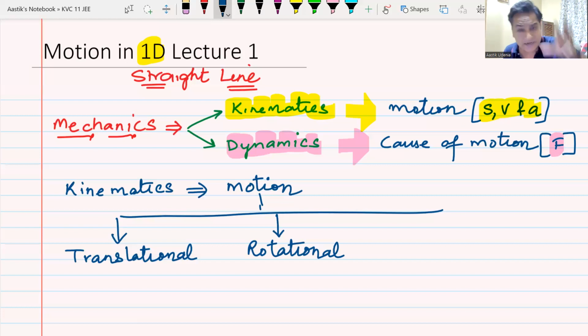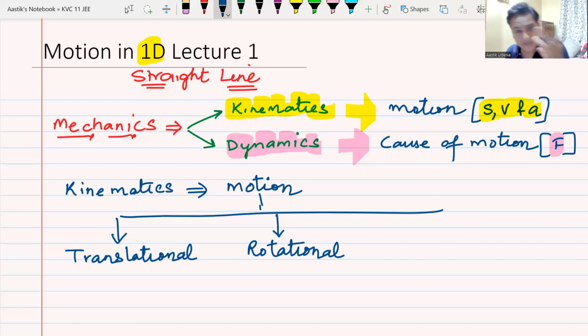I'm not talking about the motion of the wheels of the car, but the entire car or bike as one body. That motion is pure translation. Do we understand this?